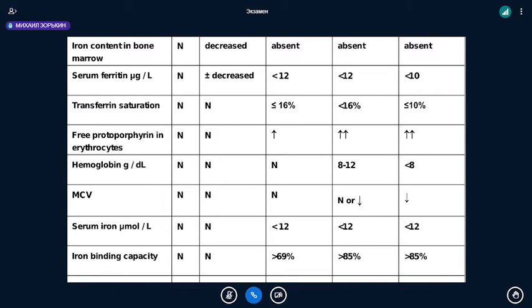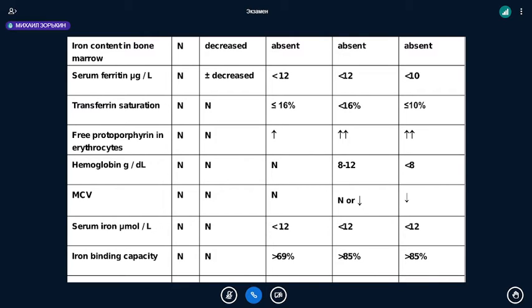And in order to compensate the blood loss, bone marrow will take iron from the previously stored ferritin. The storage of serum ferritin, of course, will be decreased, but not yet absent, not yet depleted.